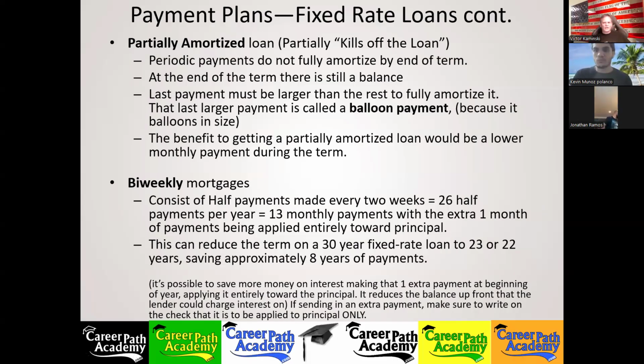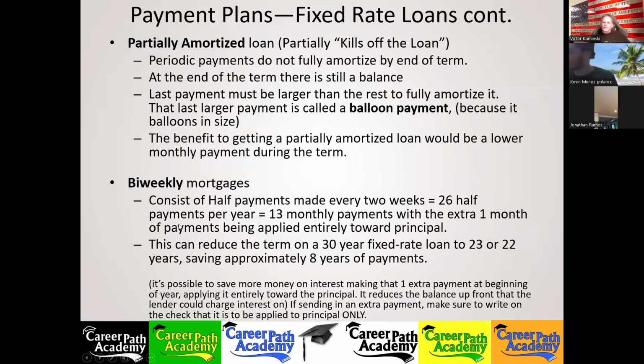Wait, how many months are there in a year? There's 12, but because some months have an extra week, yes, it equates to 13 monthly payments that you made in a year.